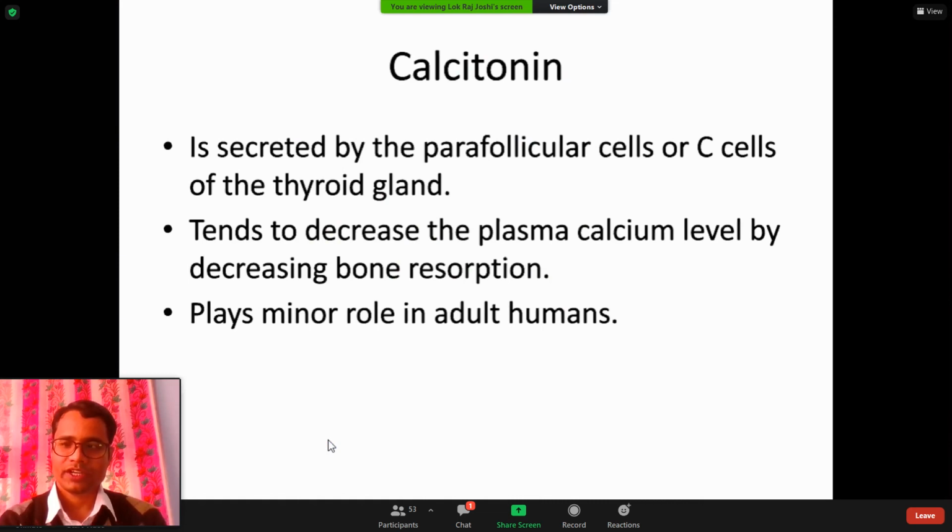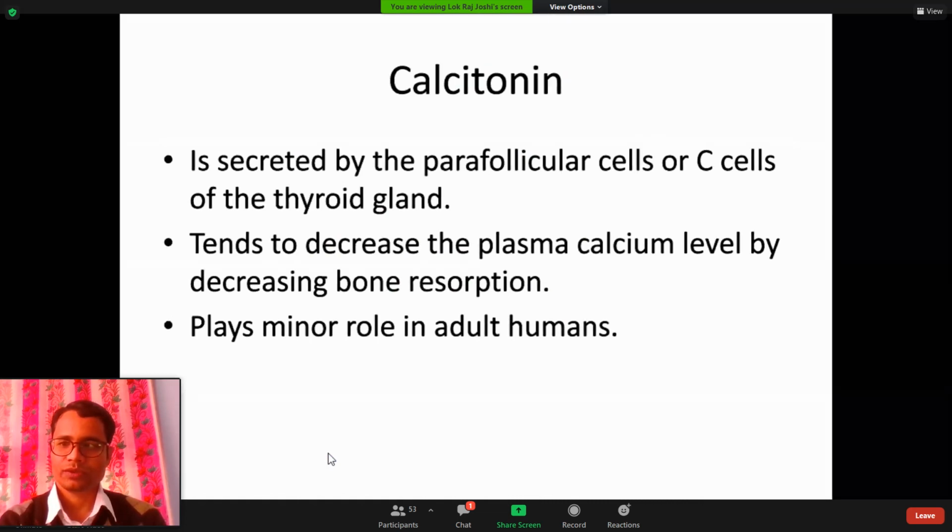And its effects are opposite to parathyroid hormone. Therefore, remember just the actions of parathyroid hormone and its effects are opposite. Some of the effects, but it does not have very widespread action like parathyroid hormone.